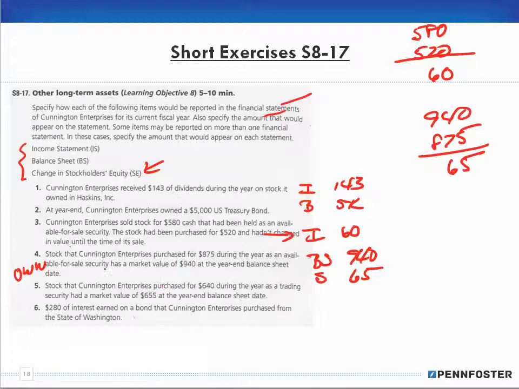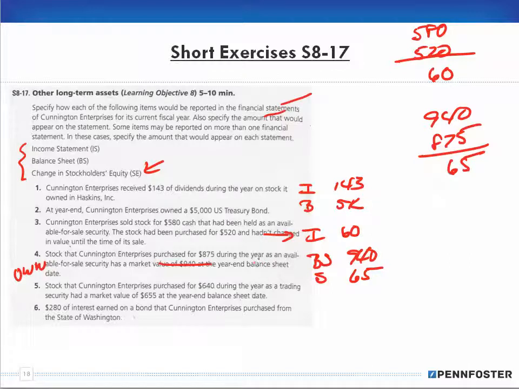But here for number 4, you're purchasing the stock at $875, and you still have it when you get to the end of the year. You haven't sold it. So at the end of the year, you have to record the change in that stock position.